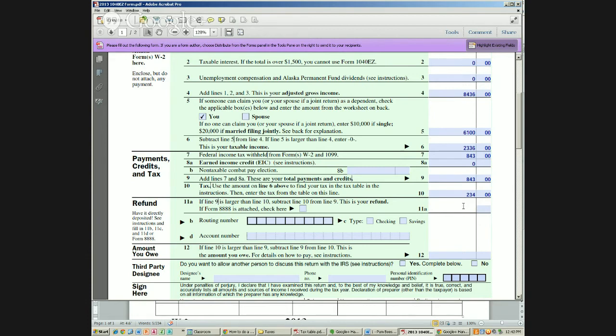So when you subtract them, you will get the whopping number of 609. All right? That is your refund. Then it gives you all this information right here. Your routing number, your account number.